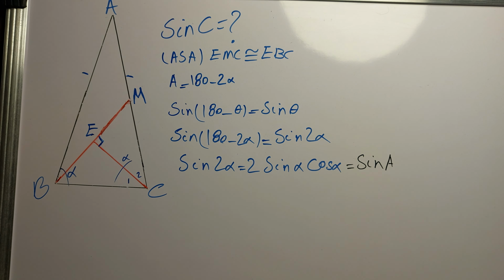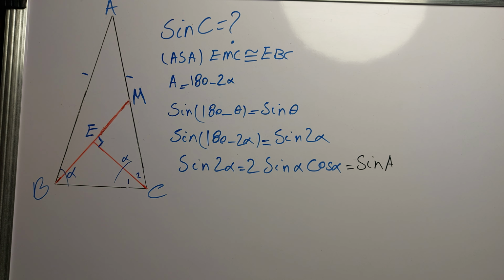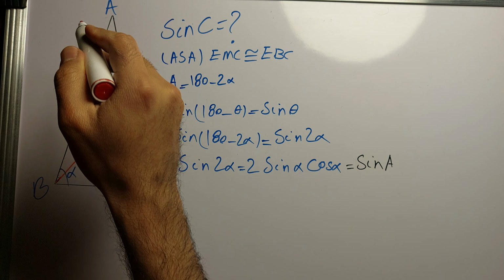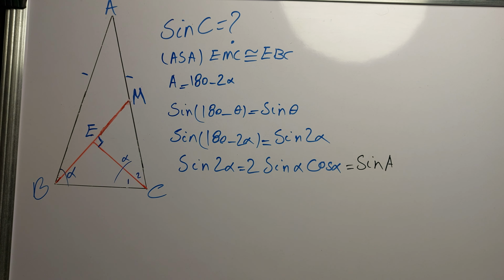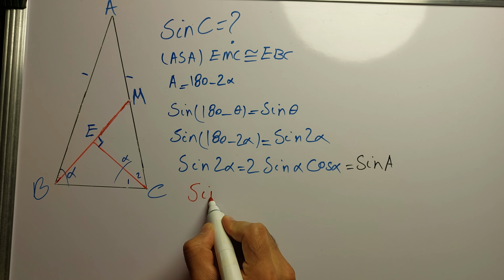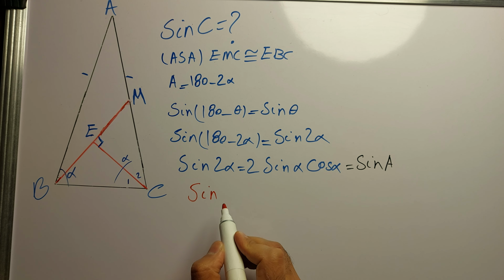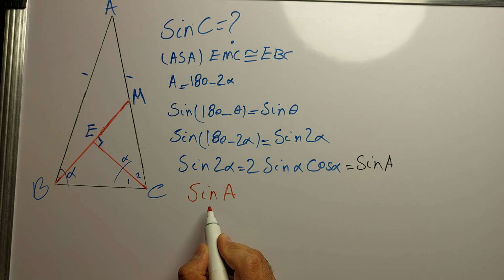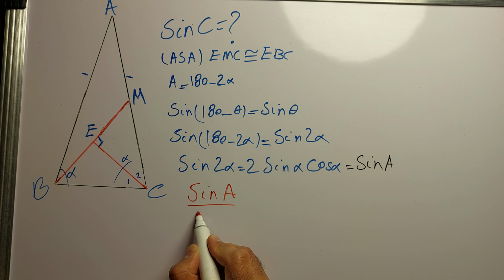Now, based on the law of sines for this isosceles triangle, let's divide sine A over sine B.